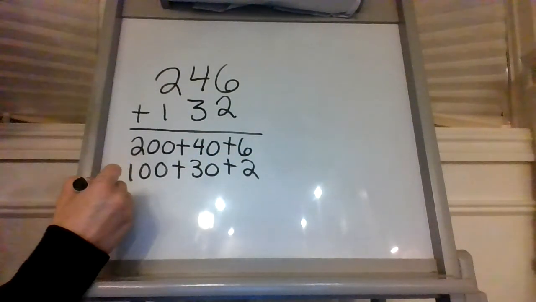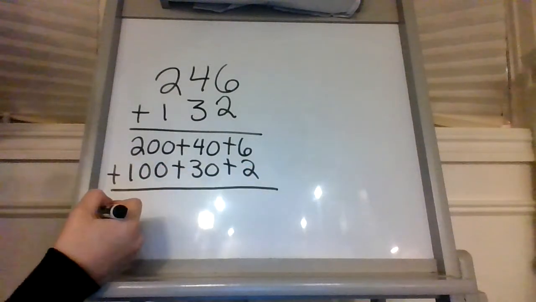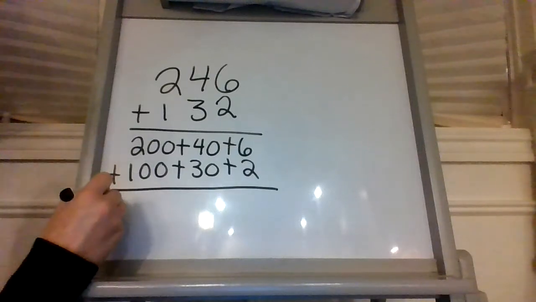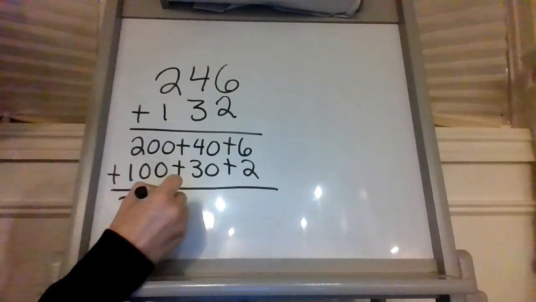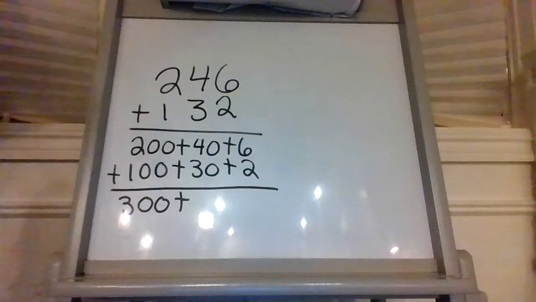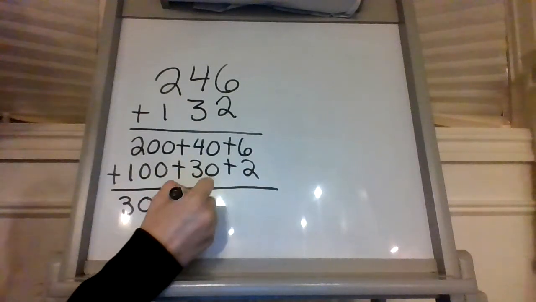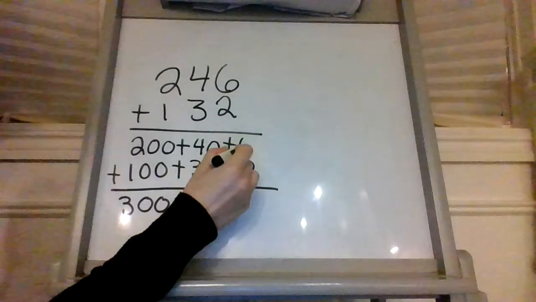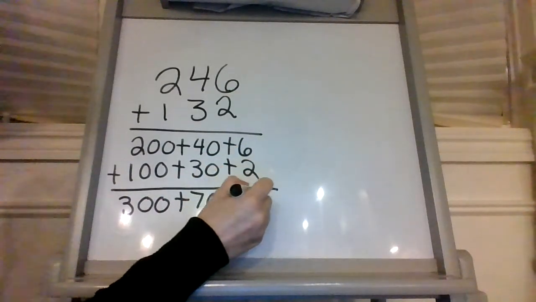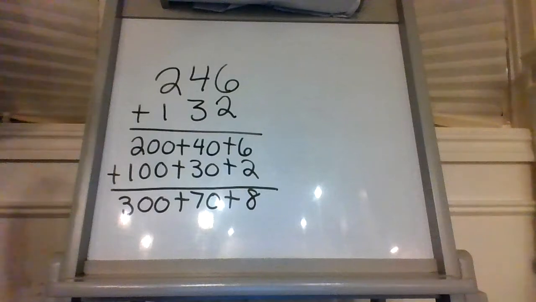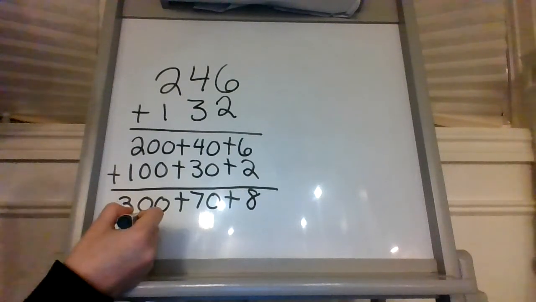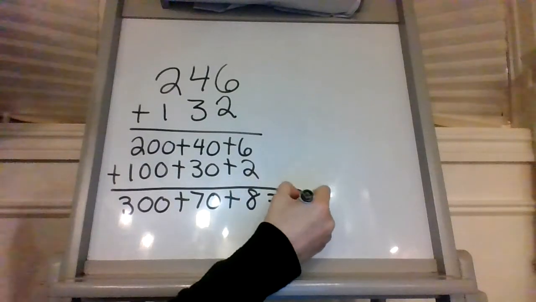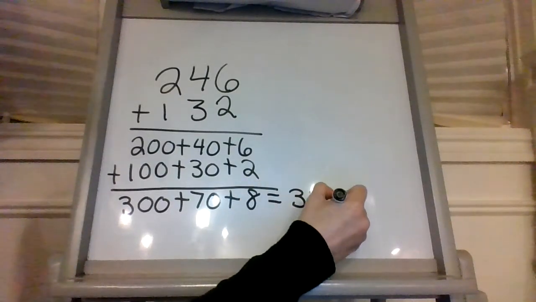Now I'm going to add together my hundreds. 200 plus 100 is 300, plus 40 plus 30 equals 70, plus 6 plus 2 equals 8. So now I have 300 plus 70 plus 8 equals 378.